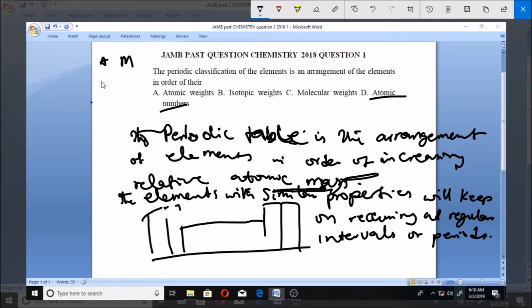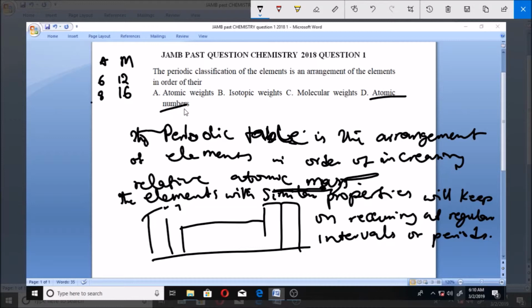So you find out that something that has the atomic number of 6 will have the mass number or atomic mass of 12. The one that has 8 will have 16. So you have this type of increment. So actually the periodic table is arrangement due to the atomic numbers, or you call it atomic masses. So that is the correct option, the D.